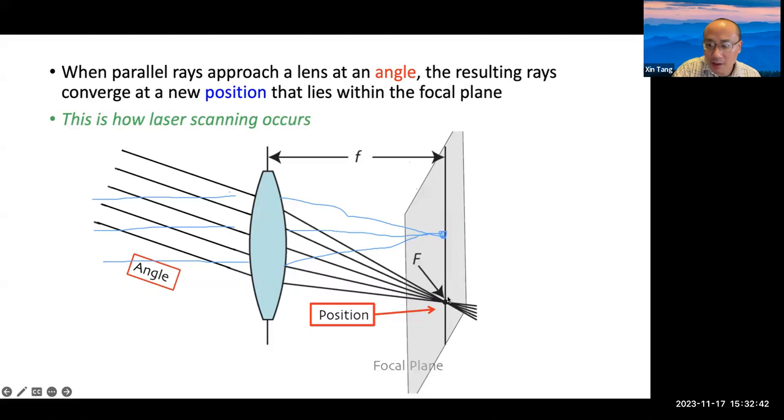But if your object of interest is away from the center of the field of view, then if you want to illuminate that one, what you need to do is not to move the lens. You don't move the lens, and you do not move the light. You rotate the light. You tilt the light. Then it will go to that point.